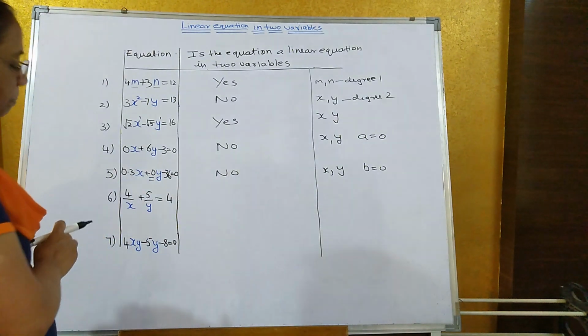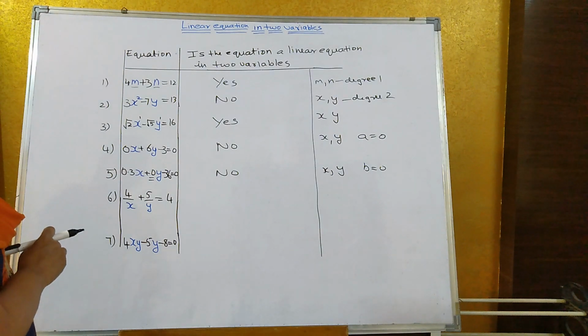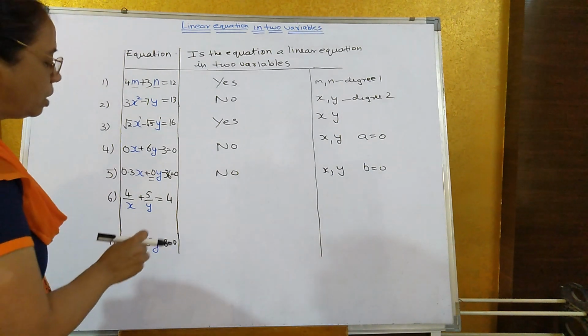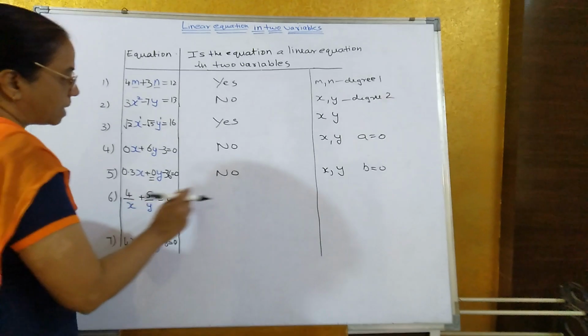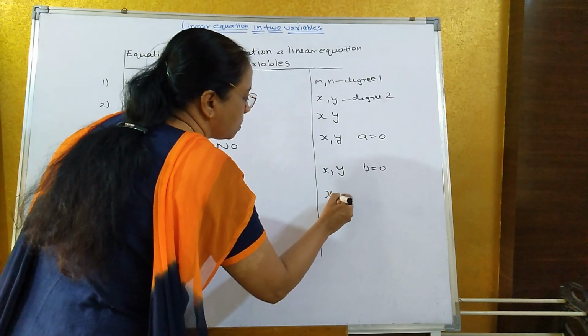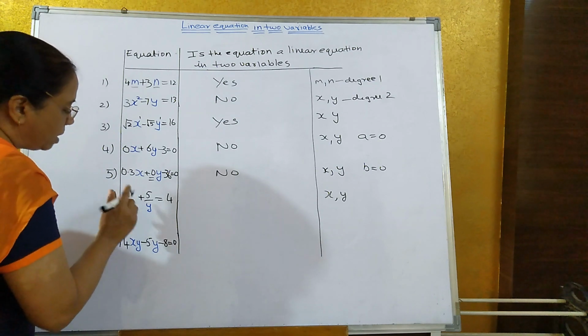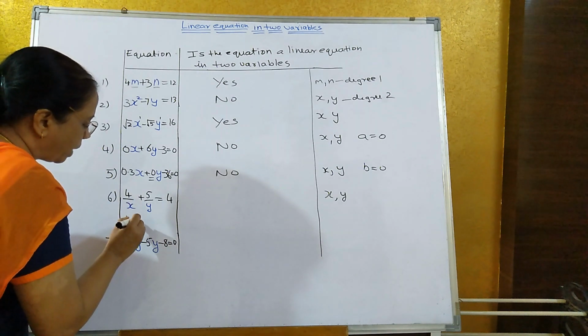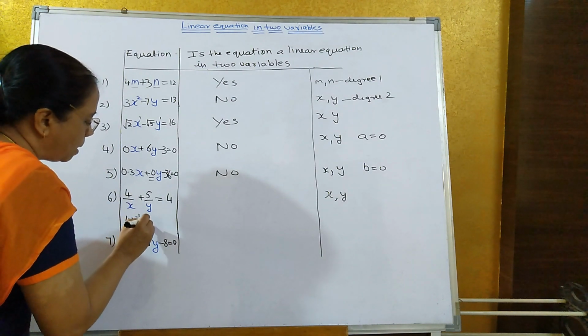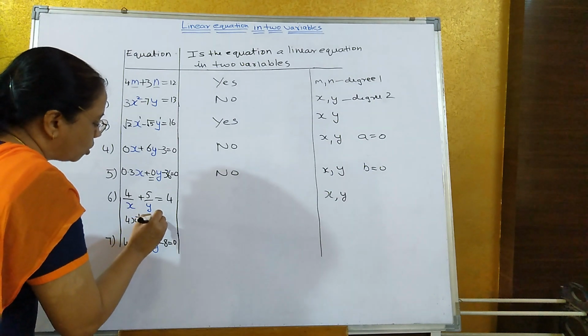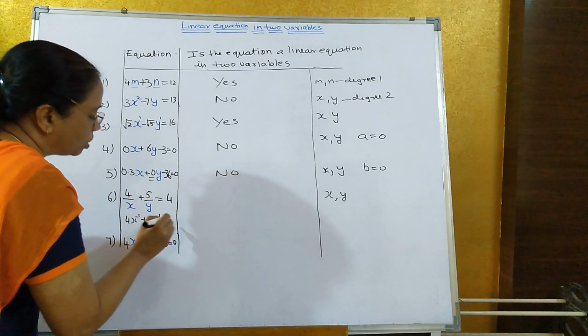See the sixth sum. 4 upon x plus 5 upon y is equal to 4. Here also there are two variables x and y. But when you bring this x on top, it will become 4x to the power of minus 1 plus 5y to the power of minus 1 is equal to 4.